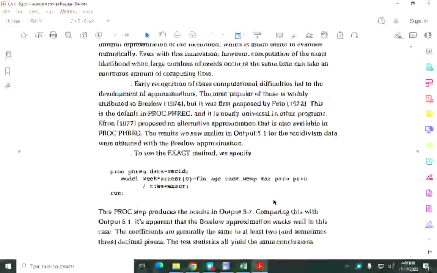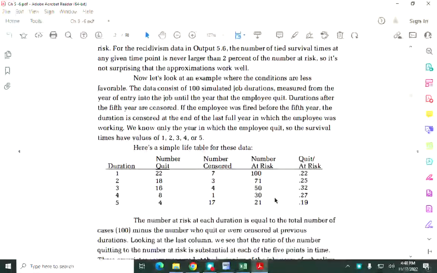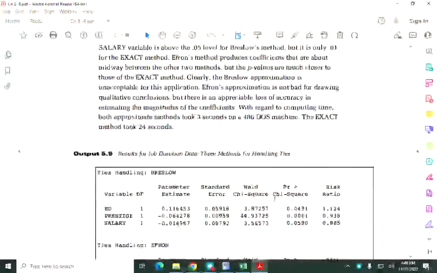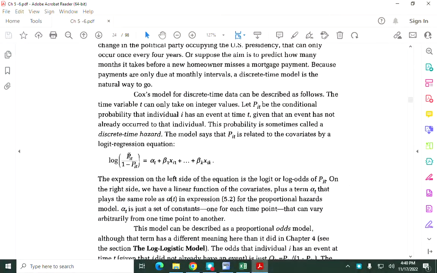And the other way they can approximate it, because both of those ways are pretty slow, is called the discrete method. The discrete method uses the log likelihood ratio. Basically, I asked you guys about neural networks or logistic regression when we talked about, what's that?